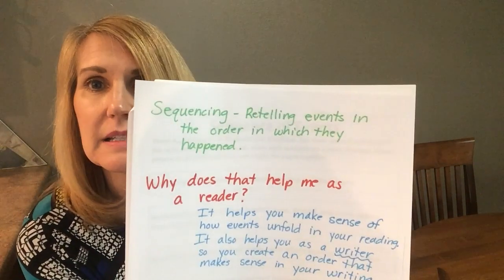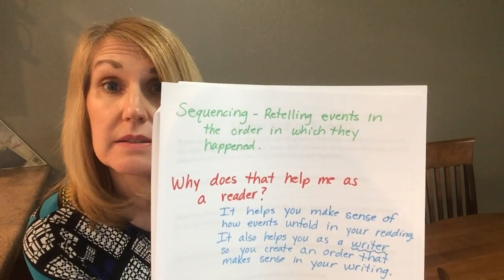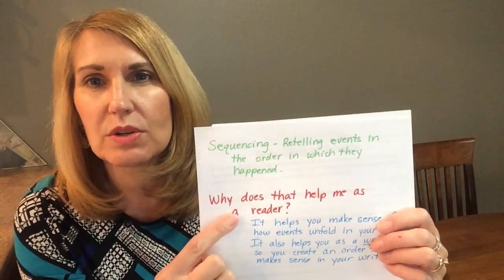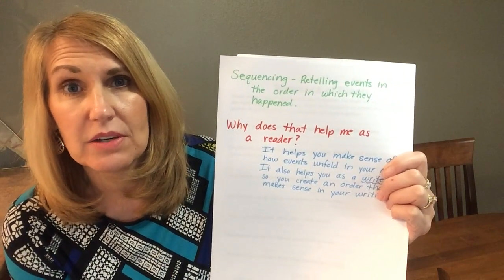Now today we're going to talk about sequencing. And here is what sequencing is. Sequencing is retelling events in the order that they happened. Now, you always know when I want to teach you something, I want you to understand why. So the question you probably have is, why does this help me as a reader?